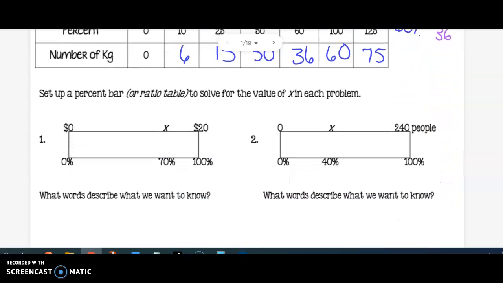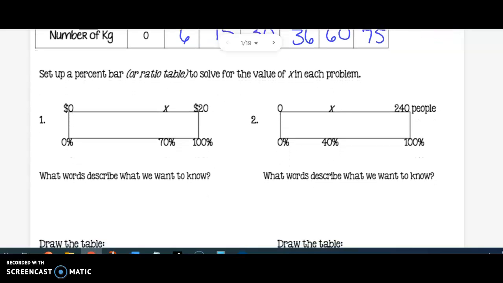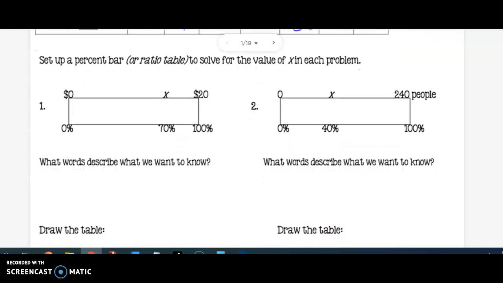Okay, moving on. Set up a percent bar or ratio table to solve the value of X in each problem. All right, so looking at this, we've got our zero money and 0% on the left. 100% is going to be $20. So what words describe what we want to know?